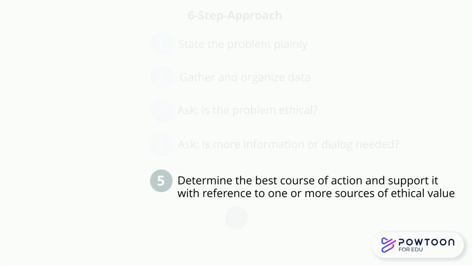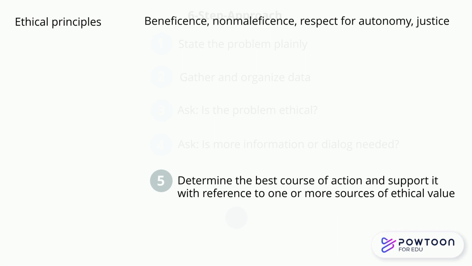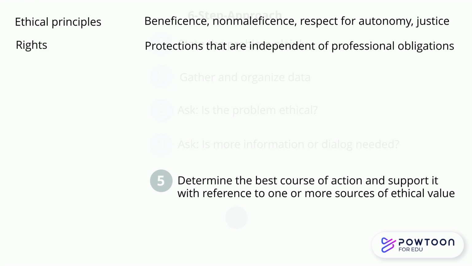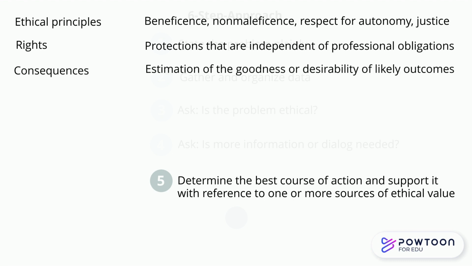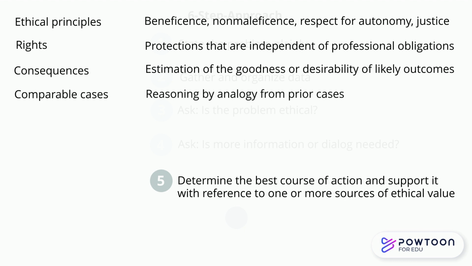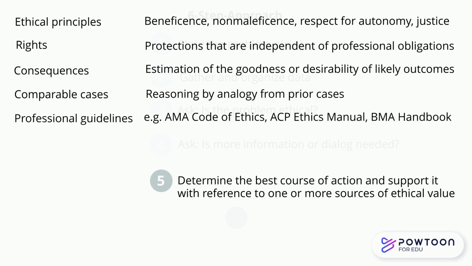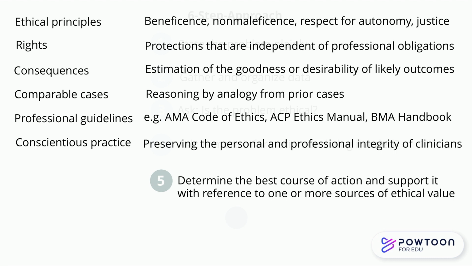sources of ethical value, which are ethical principles like beneficence, non-maleficence, respect for autonomy, and justice; rights, which are protections that are independent of professional obligations; consequences, that are estimation of the goodness and desirability of likely outcomes; comparable cases, that are used for reasoning by analogy from prior cases; professional guidelines like AMA Code of Ethics, ACP Ethics Manual, or BMA Handbook; and conscientious practice, which means preserving the personal and professional integrity of clinicians.